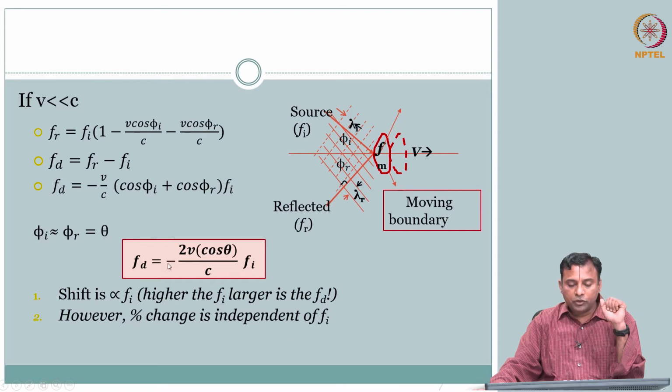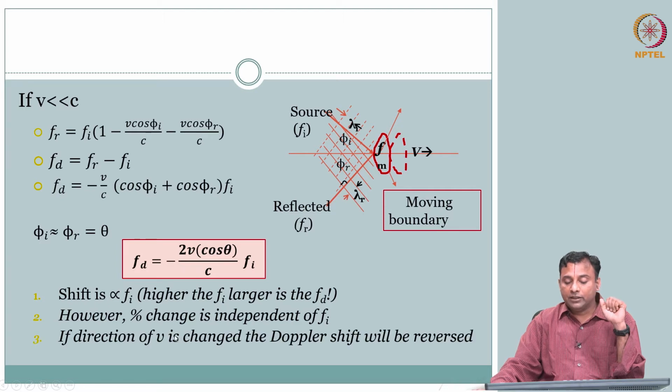Of course you see a negative sign here, right. So it depends on the direction of V. Here what we started with is velocity in this direction. What happens if the interface is moving towards the source? This negative or positive sign depends on whether the object or the scatterer is moving towards the source or away from the source.